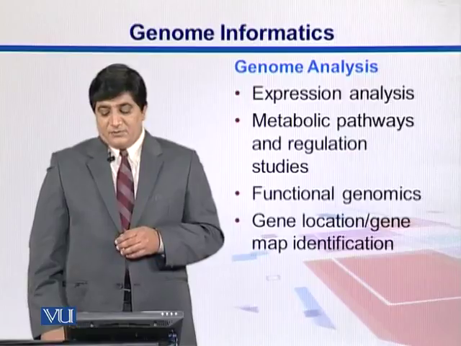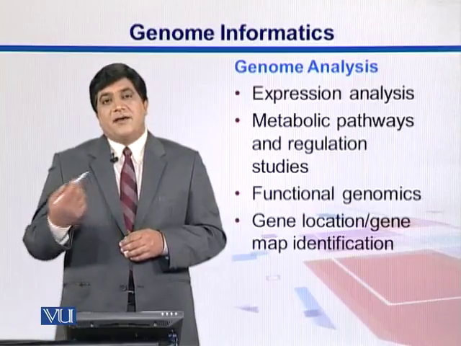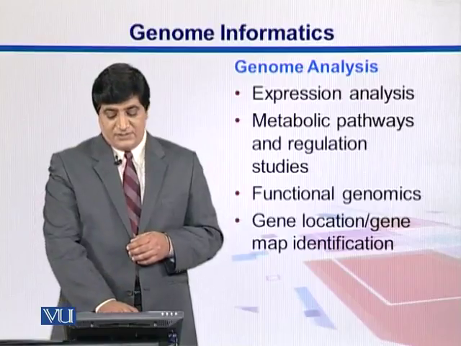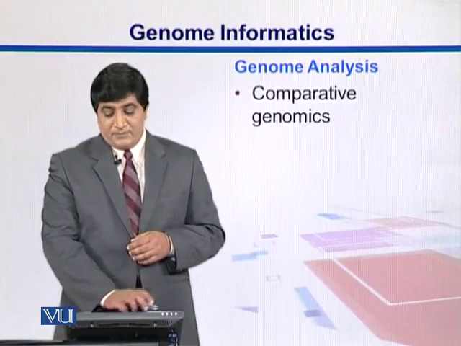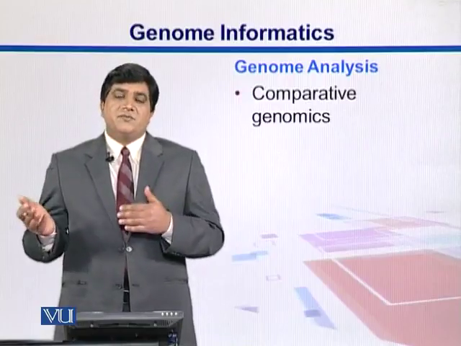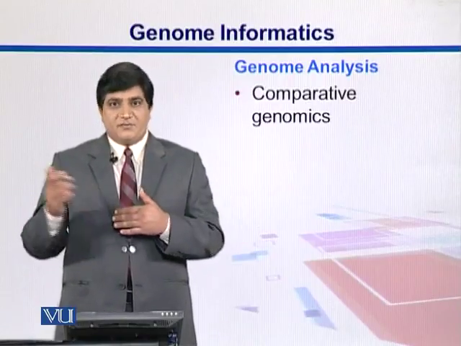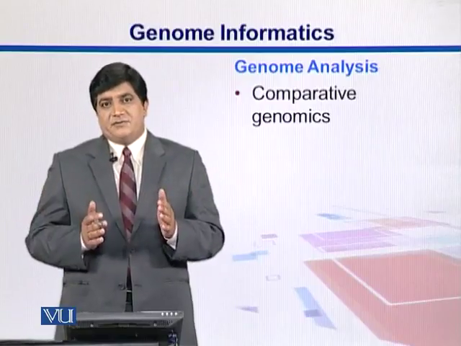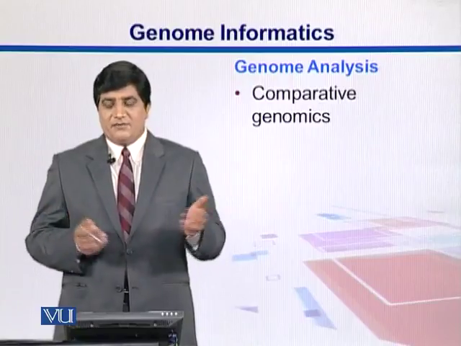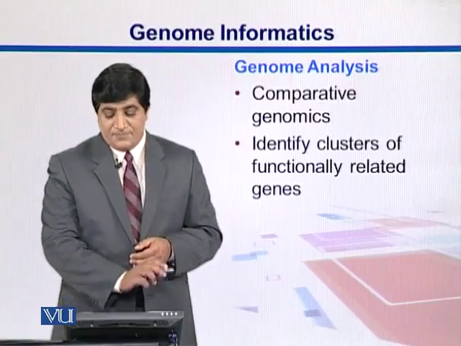We can also find the gene location and map the location of those genes on the chromosomes. That is called gene mapping. And we can also do comparative genomics, in which we can take one genome and compare it with some other genome, and find the comparative features: what's present in the first, what's not present in the second, and what the intersections are.